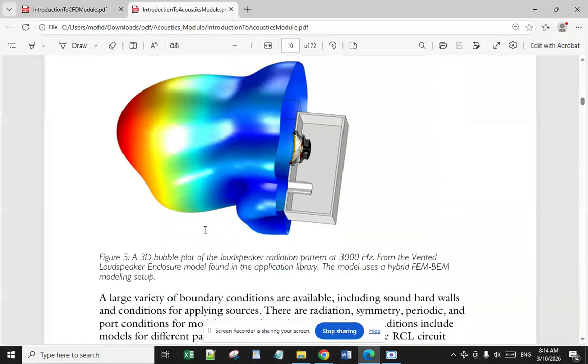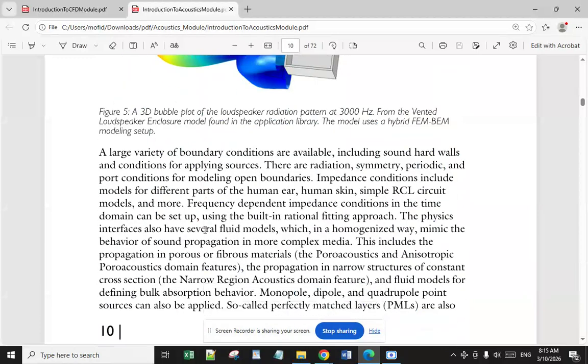And you see in the fifth figure a three-dimensional bubble plot of the loudspeaker radiation pattern at 3000 Hz from the Vented Loudspeaker Enclosure model found in the Application Library. The model uses a hybrid FEM-BEM modeling setup.